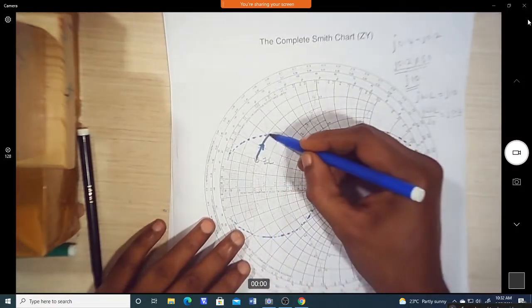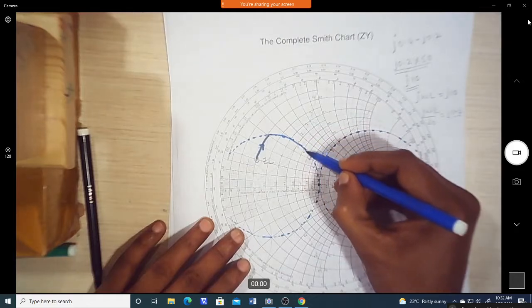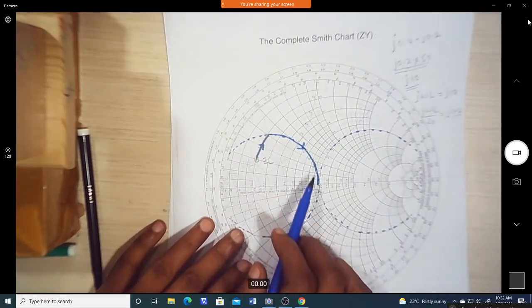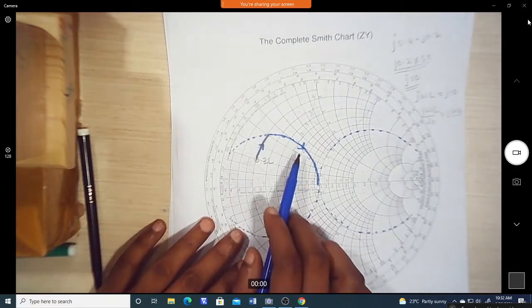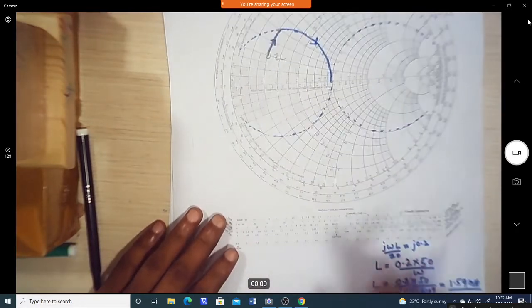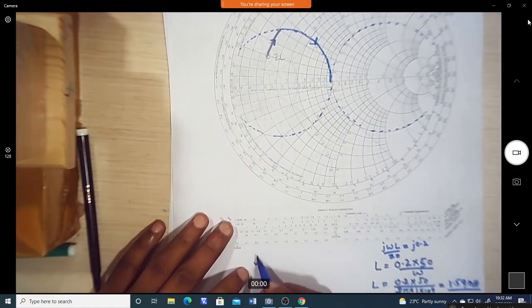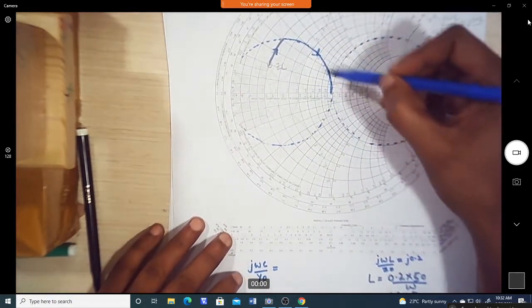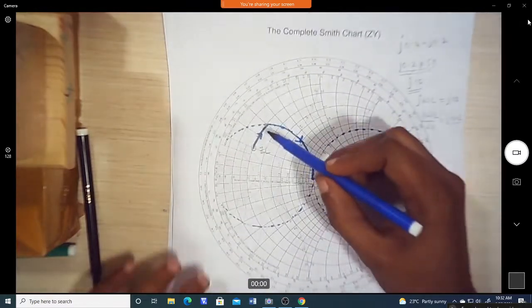So now you have to move like this. On the conductance circle you are moving downwards, which means it is a shunt capacitor. So now the shunt capacitor equation we know, that is j omega C divided by Y naught. We need to find out how much susceptance it is offering from this point to this point.